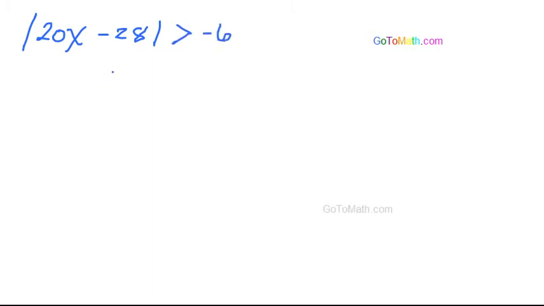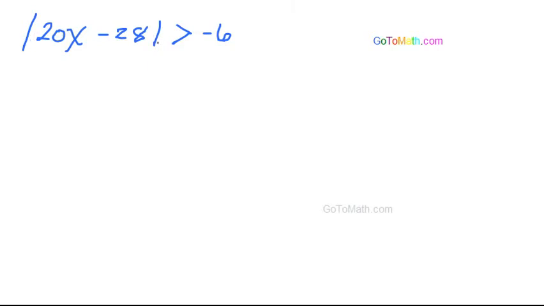Now, remember that no matter what we plug in here, the whole output is going to be either greater than or equal to 0. We can find a number to plug in here to get 0, or anything greater than 0. I mean, that's what the absolute value is all about.